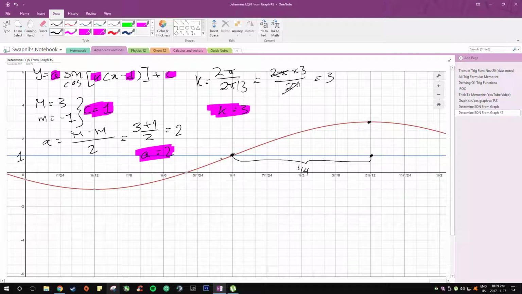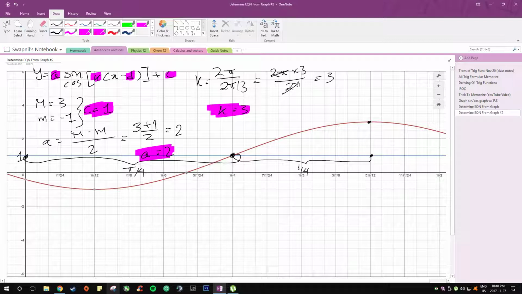Well, okay, the sine equation for this, actually let me write it out first and then I'll explain. So the d value, how much is translated over, would be the value from here to here. Alright? And that's pi over 4.